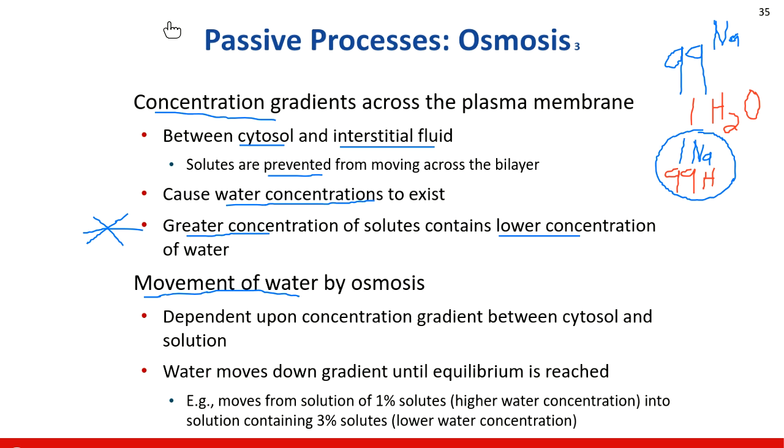Will water move from inside the cell to outside the cell, or from outside the cell to inside the cell? Mind you, osmosis is a passive process. Because it's the movement of water, water is always going to move down its concentration gradient. I'm going to give you a second to figure out your answer. Does it move from inside to outside the cell, or from outside the cell to inside the cell?